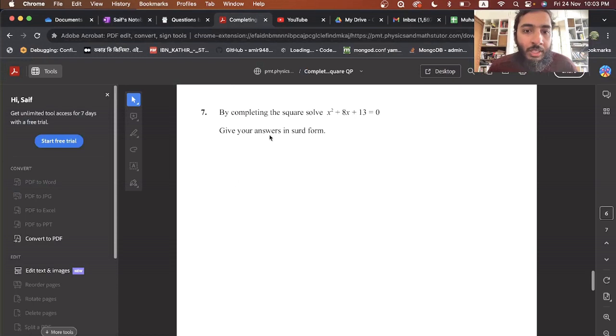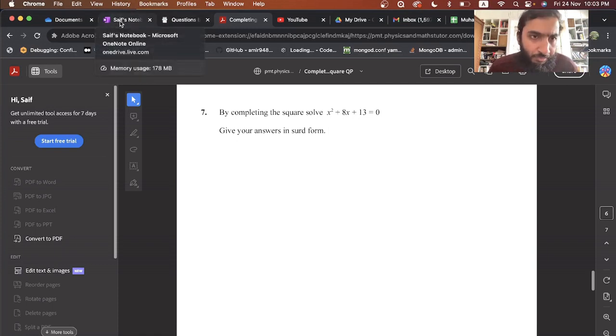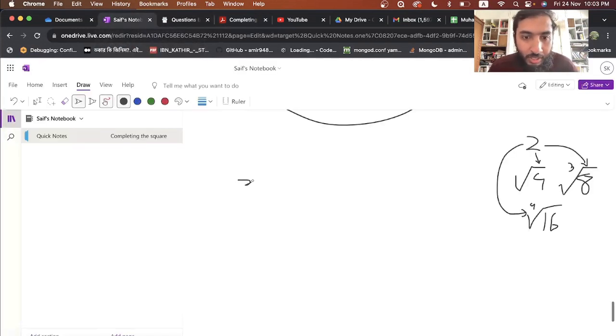So if I go to the problem, I have to solve this equation and find the value of x in surd form. So if I write the equation, x square plus 8x plus 13 is 0.